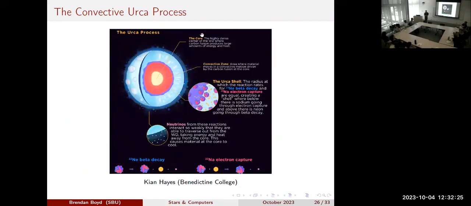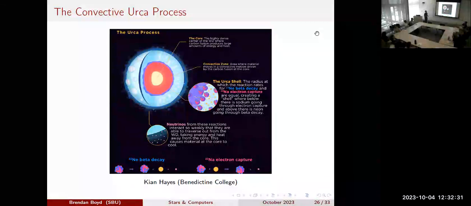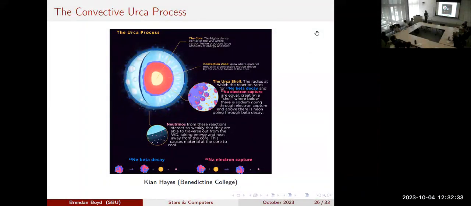This is a nice infographic made by an REU student this summer, Kian Hayes. So we have our white dwarf here. In the center, it's burning carbon, it's convecting, and the region where these reactions are important varies with the density of the star.